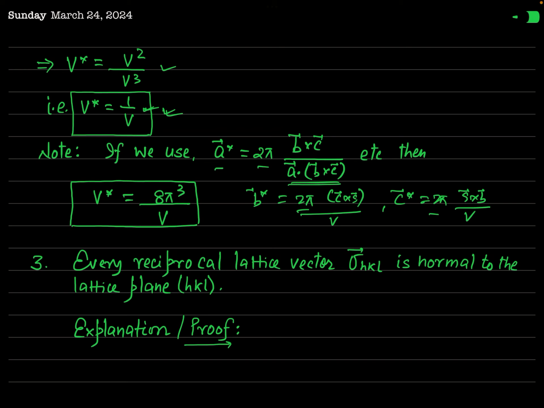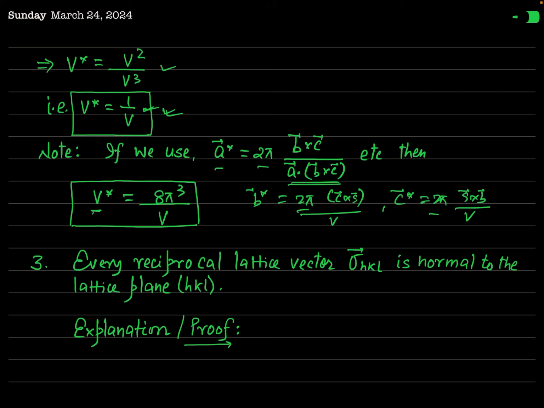So when we use this prescription, V star will be equal to 8 pi cube over V. Here V star is the volume of the unit cell of the reciprocal lattice, and V is the volume of the unit cell of the direct lattice.